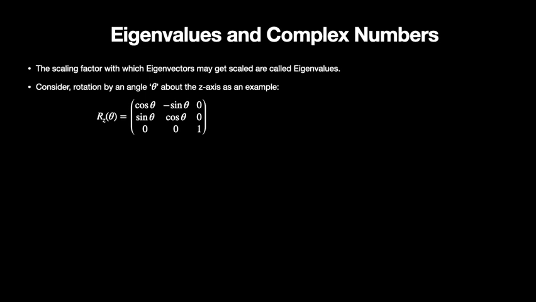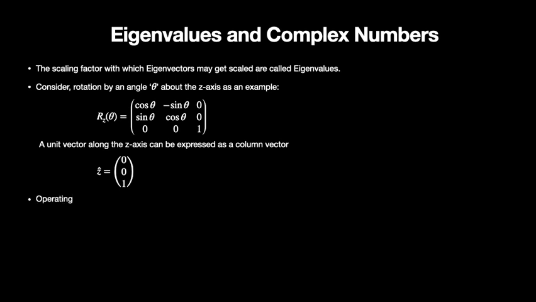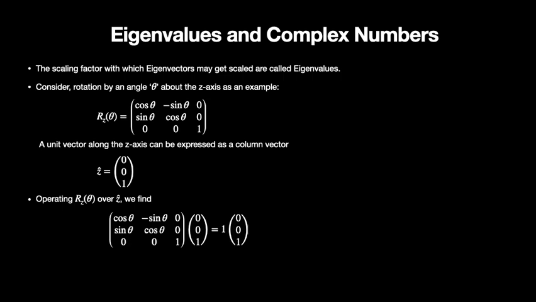So if I take this Rz(theta), which is a rotation by an angle theta about the z-axis, and apply it to a unit vector pointing along the z-axis, which I represent by z hat, you see that this transformation gives you back the same vector, and it picks up a scaling factor of exactly 1, so it doesn't change at all. This 1 which you see on the right-hand side of the equation is what we refer to as the eigenvalue of the equation.